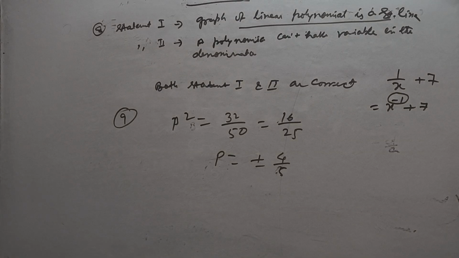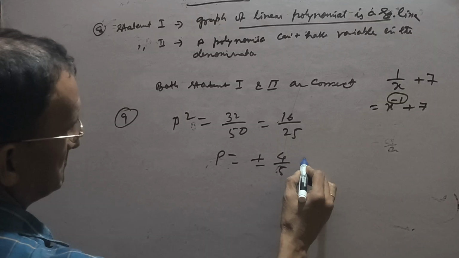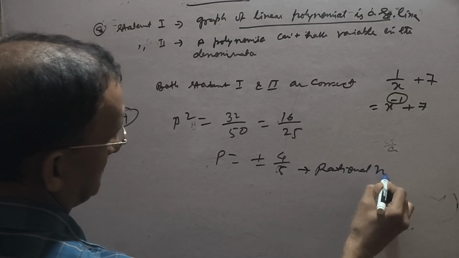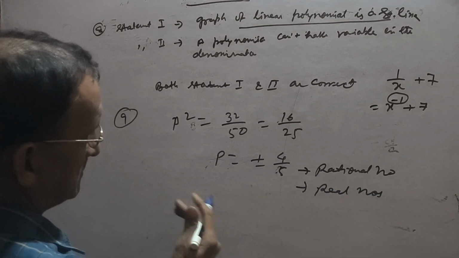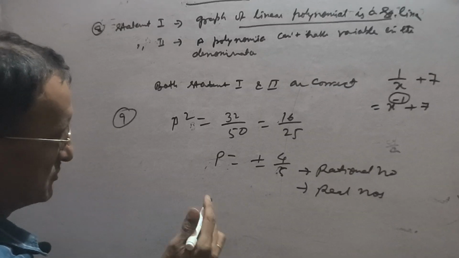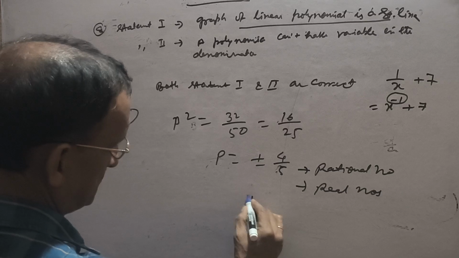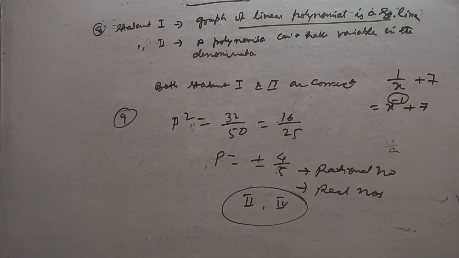This is a rational number. I know all rational numbers are real numbers, so this is a real number also. So which option has both rational number and real number? Perhaps 2 and 4. So this will be correct only.